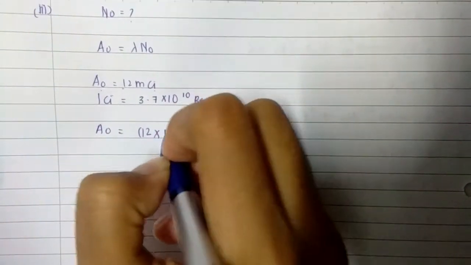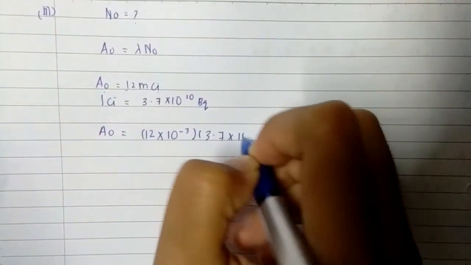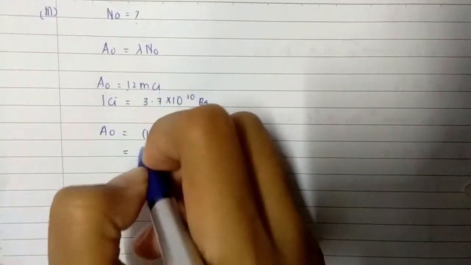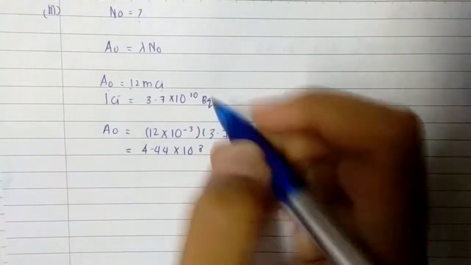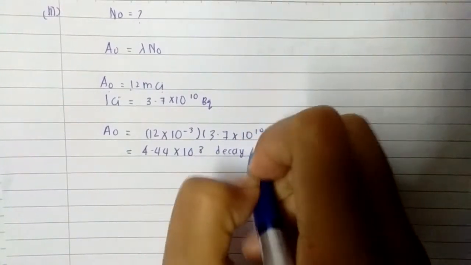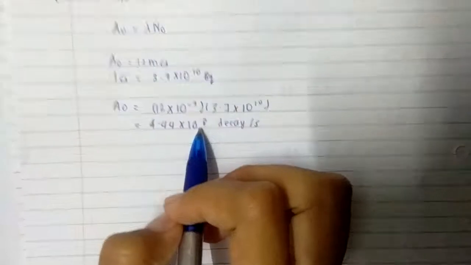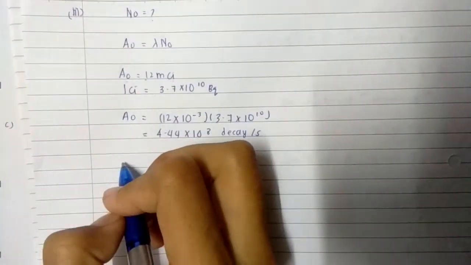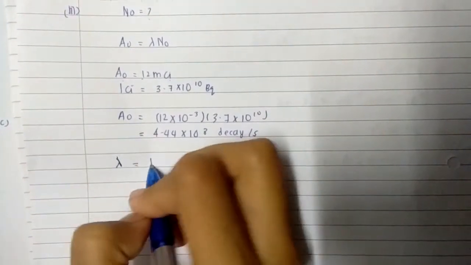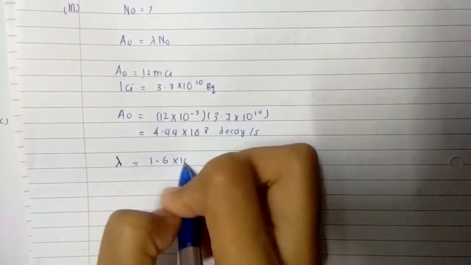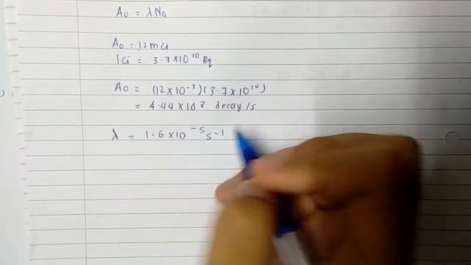12 millicurie times 3.7 times 10 to the power 10, you will get A naught 4.44 times 10 to the power 8 decays per second. Since we changed A naught to decay per second, use the decay constant in seconds, which is 1.6 times 10 to the negative 5 per second.